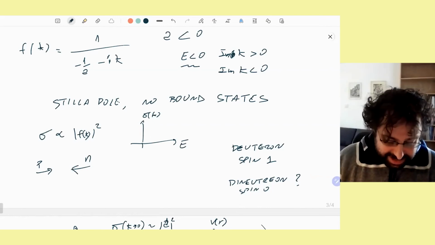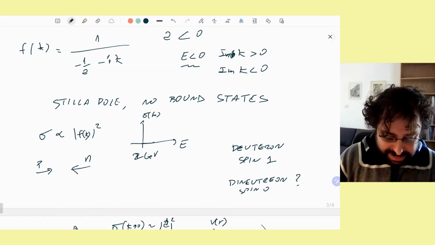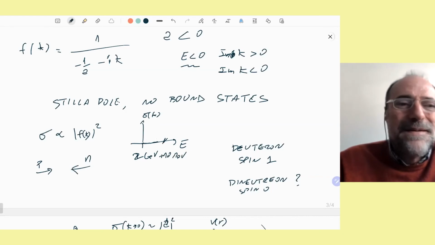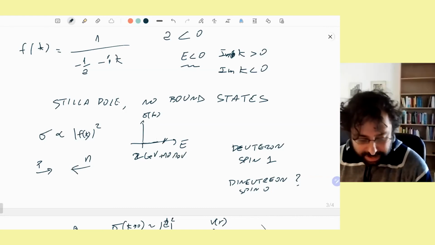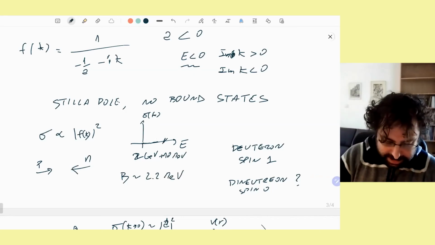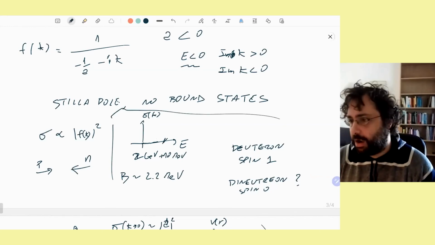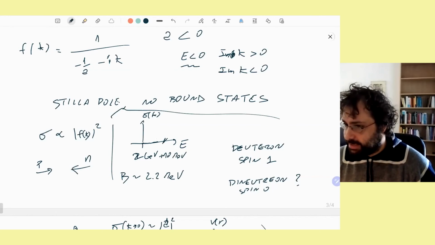So I mean, here is energy, so we are close to the proton neutron threshold. Okay, so let's say we're starting from 2 GeV, and let's say this is the same plus 10 MeV. We're discussing the low energy part. We know that, to give some reference and number, the binding energy of the deuteron is 2 MeV. Okay, so this is for deuteron. So we are considering the scale of few MeV where we can see the effect of this.